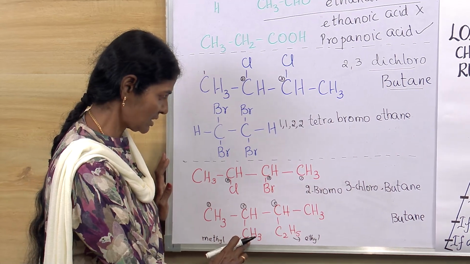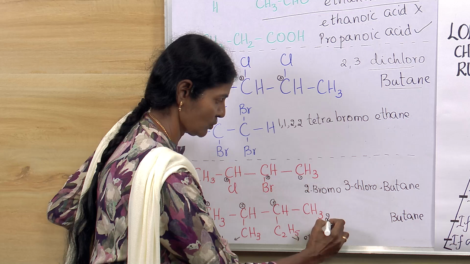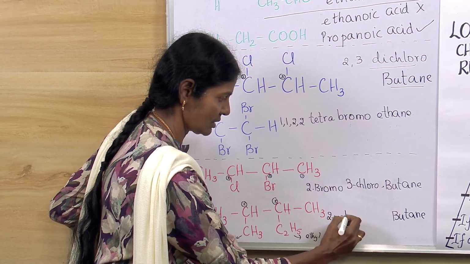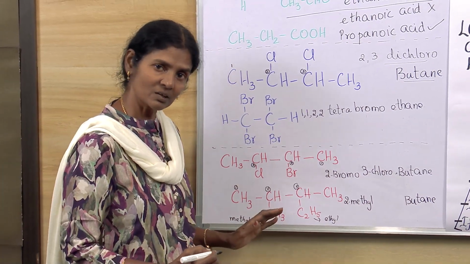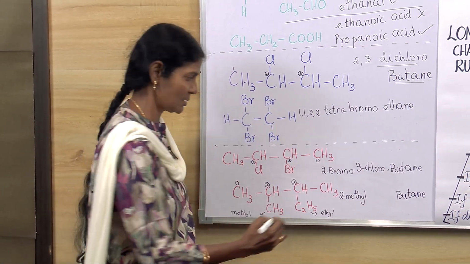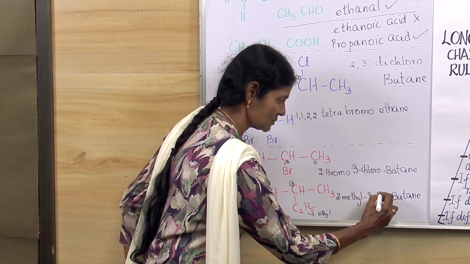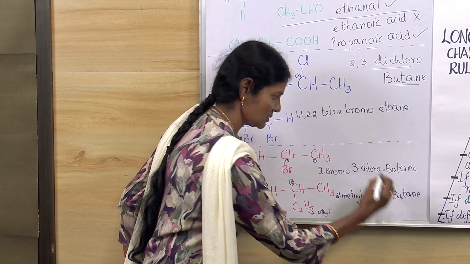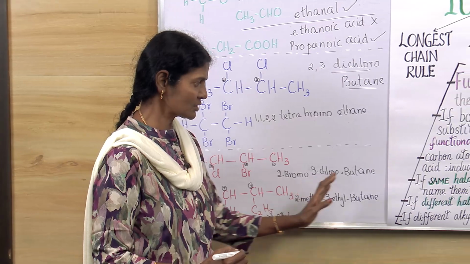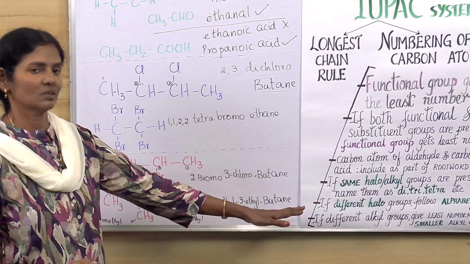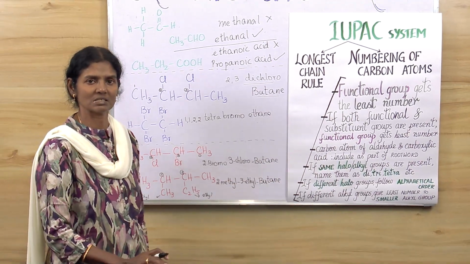And the methyl group is attached to the second carbon atom. Therefore, 2-methyl. All right. And where is the ethyl group attached? To the third carbon atom. Therefore, 3-ethylbutane. So, these are the different rules that we follow in naming compounds according to the IUPAC system.